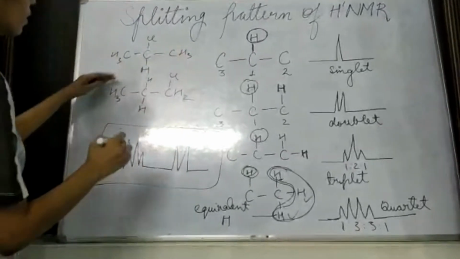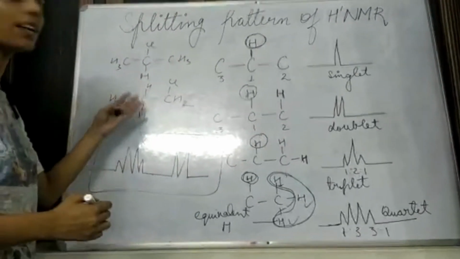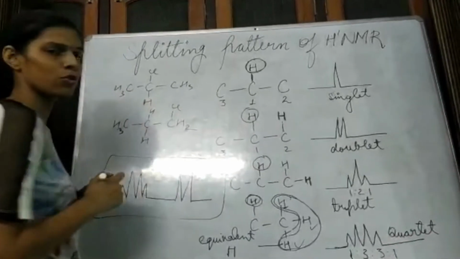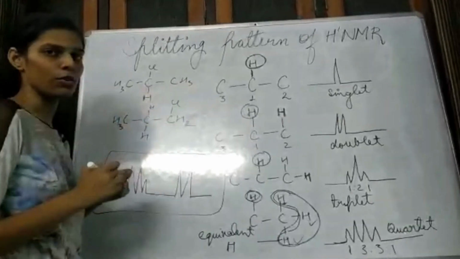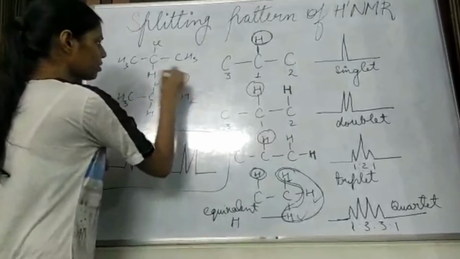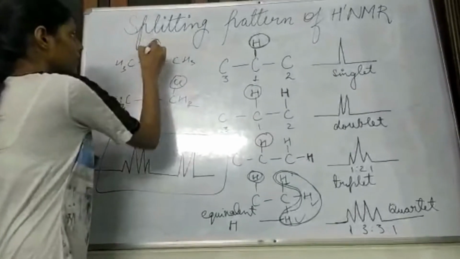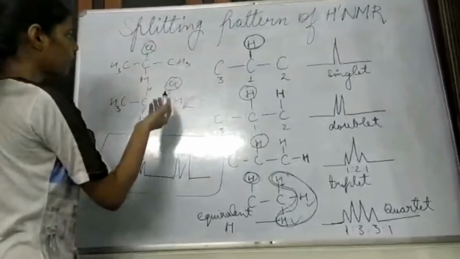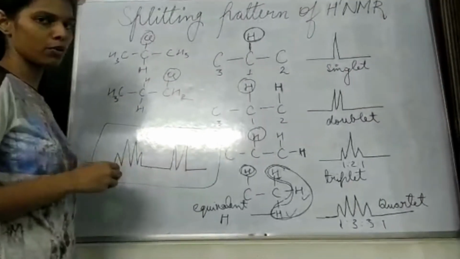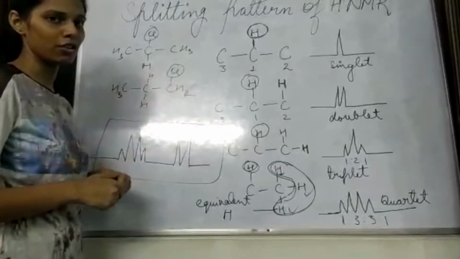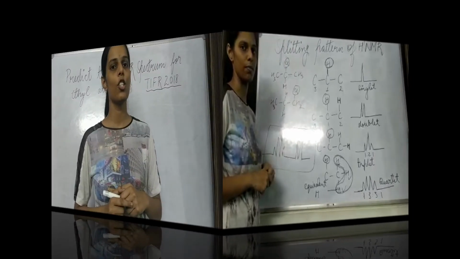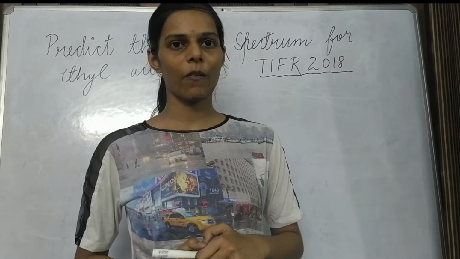Since these two molecules have the same number of carbon, hydrogen and chlorine, mass spectroscopy and IR spectroscopy cannot differentiate between them. The chlorine atom here is on the first position and here it is on the second position. So this can only be found out using NMR spectroscopy. This is the advantage of NMR spectroscopy over the other methods used to determine the structure of molecules. So let's start with the questions.